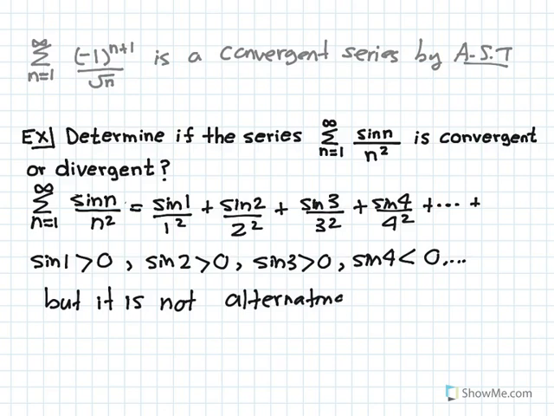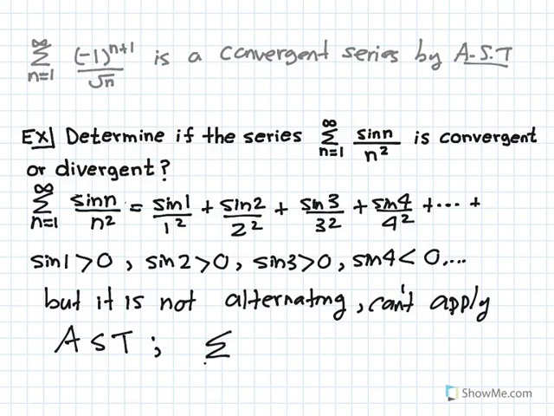So we can't use the alternating series test, because to apply it, every pair has to be alternating. It has to be plus, minus, plus, minus. In this case, we have plus, plus, plus, and then a negative. So we can't apply the alternating series test.